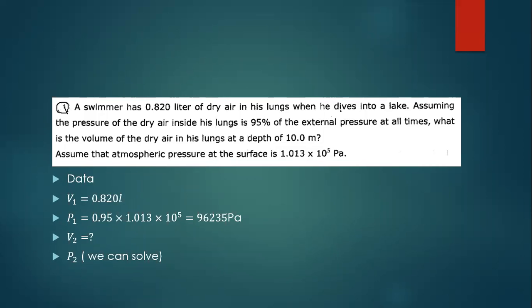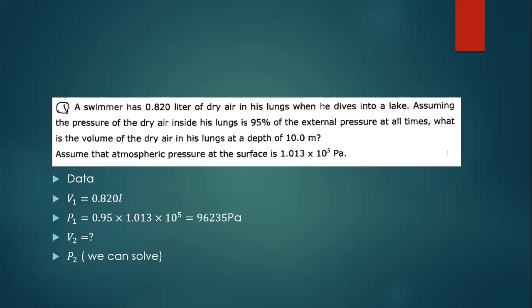Assuming the pressure of the dry air inside his lungs is 95% of the external pressure at all times, what is the volume of the dry air in his lungs at a depth of 10 meters? Assume that the atmospheric pressure at the surface is 1.013 times 10 to the power 5 pascals. Awesome. Thank you very much for reading.